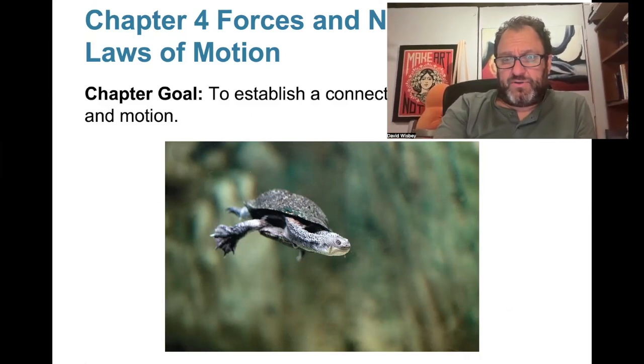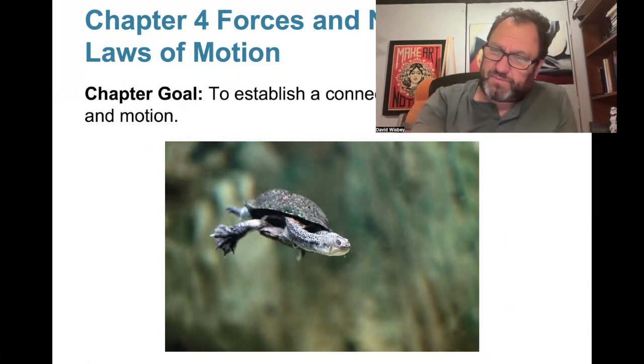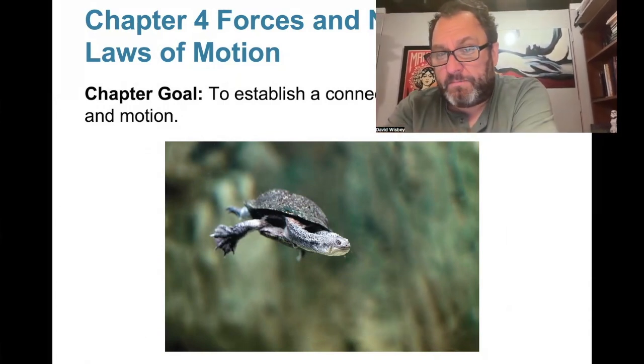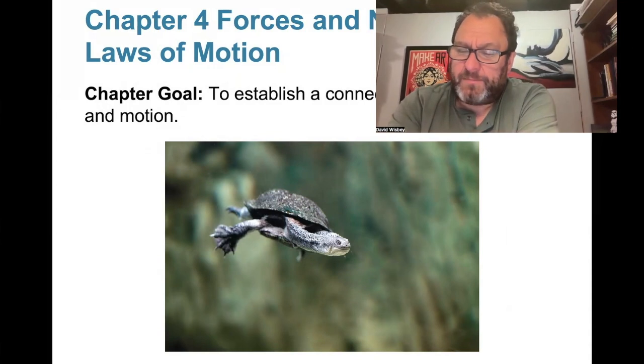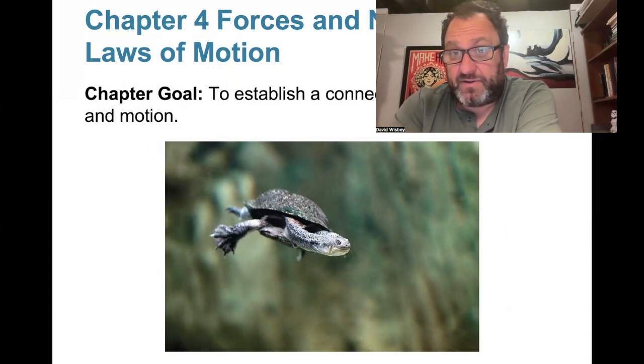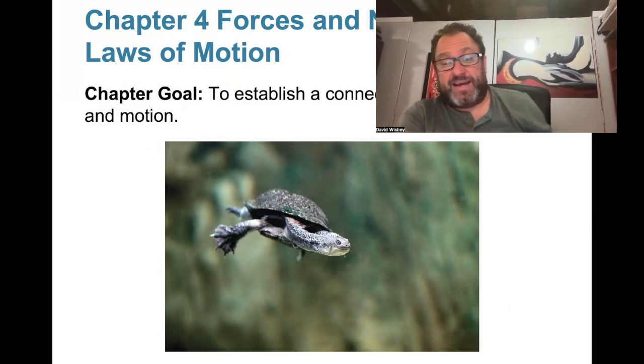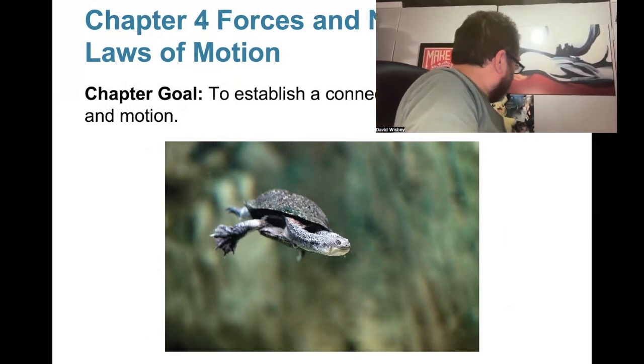All right, chapter 4. Establish the connection between force and motion. Big takeaway here: nothing is gonna start moving unless a force acted on it, right? If an object is at rest, it's not going to suddenly start moving.